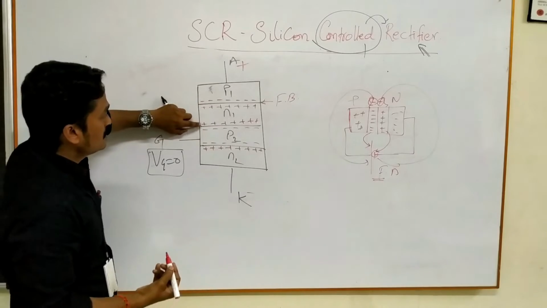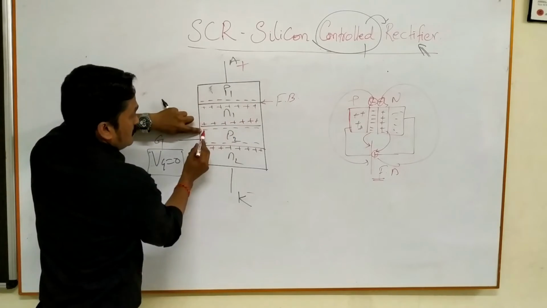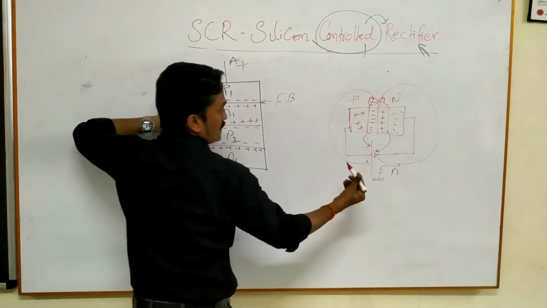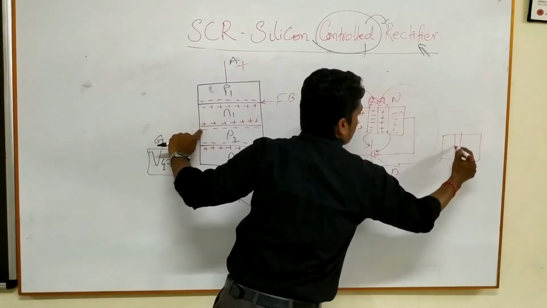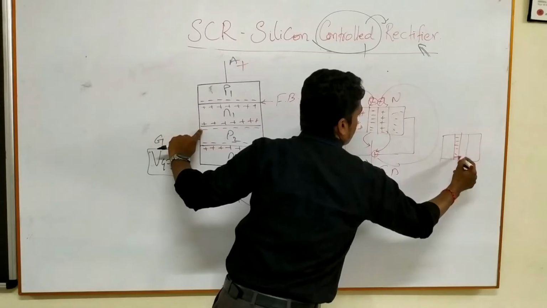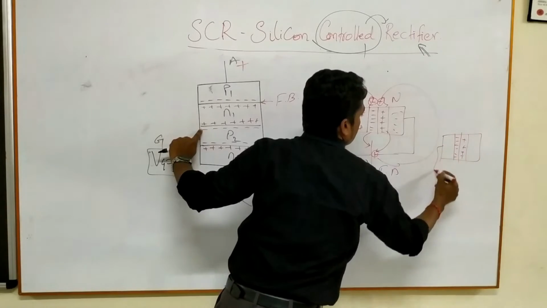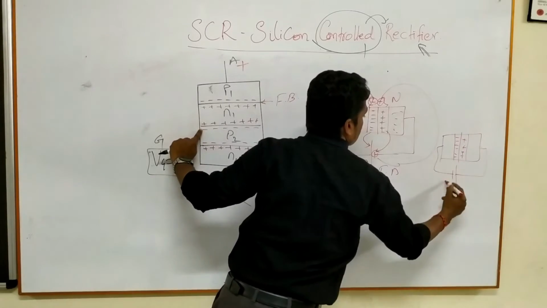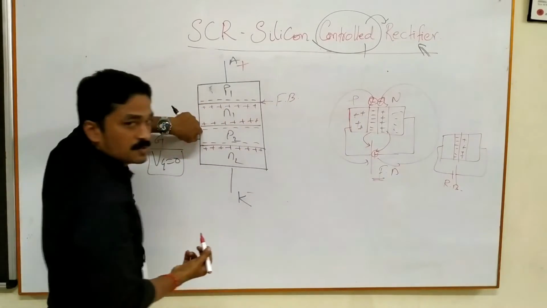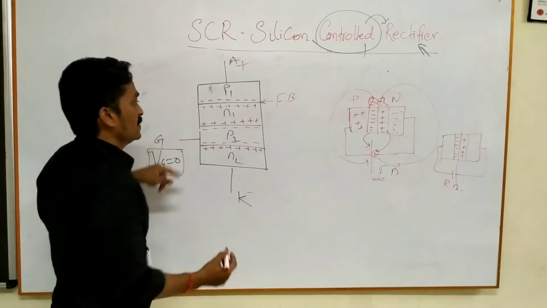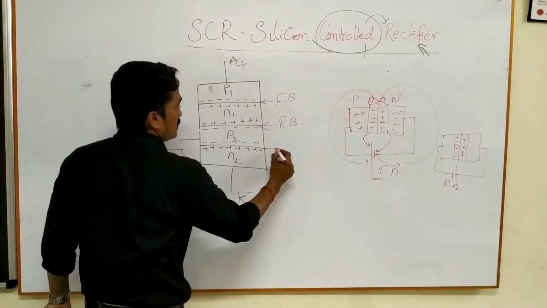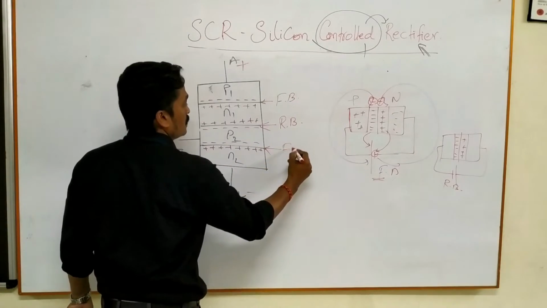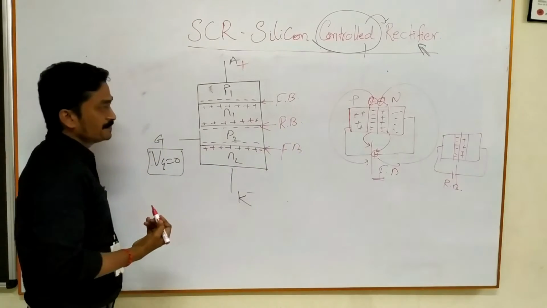And take this junction, this is plus and this is plus, this is minus and this is minus, it means same polarity. So this is nothing but reverse bias. Minus minus minus, plus plus plus, same polarity means it is reverse bias in terms of junction potential barrier. So this one is reverse bias, and similarly this one is forward bias.